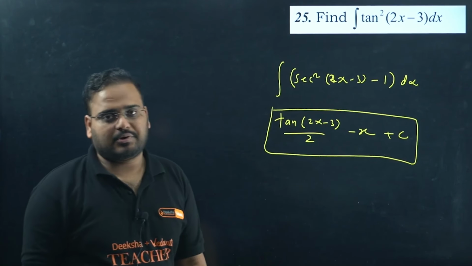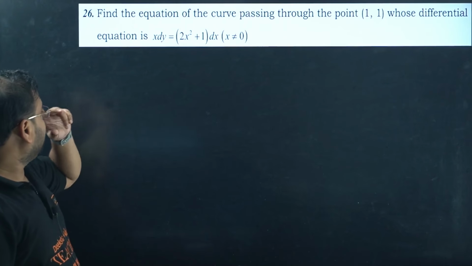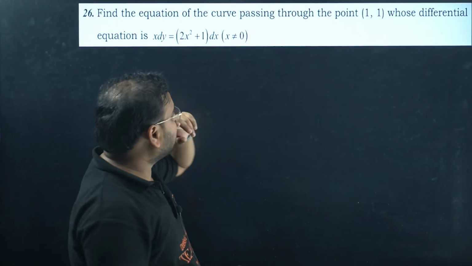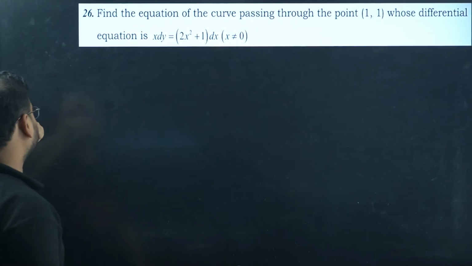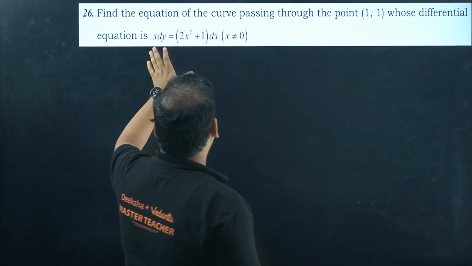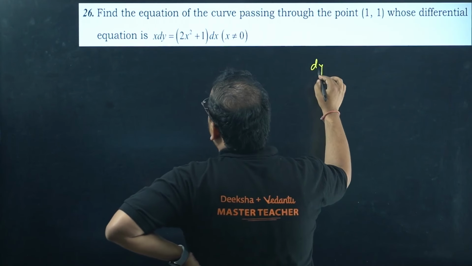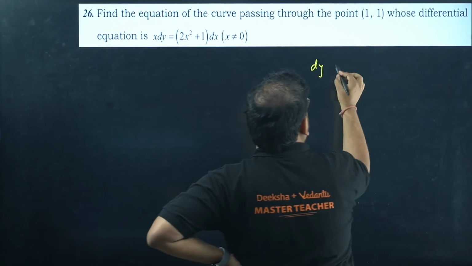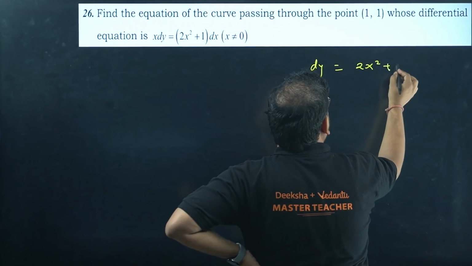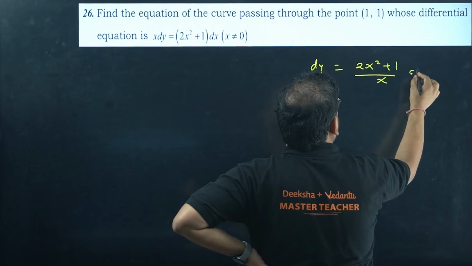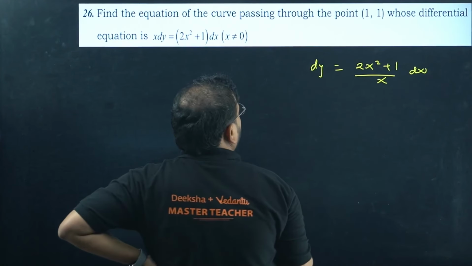Simple formula based question. Find the equation of the curve passing through the point whose differential equation is given over here. No problem, sir. Looks very simple enough. dy, bring x on this side, so I'll get (2x squared plus 1) upon x dx. Am I right? Yes.